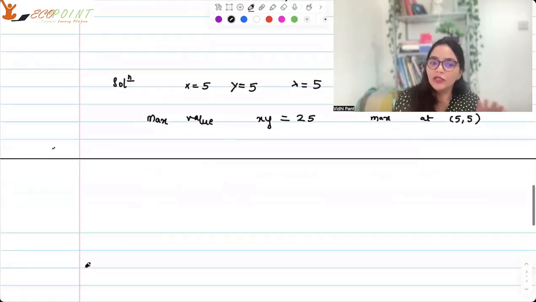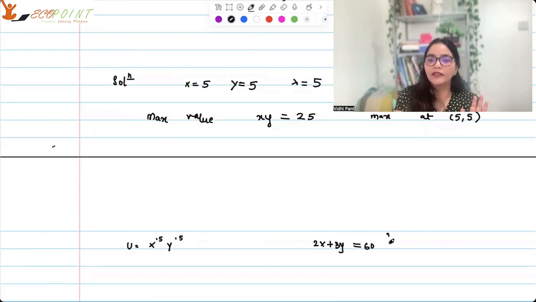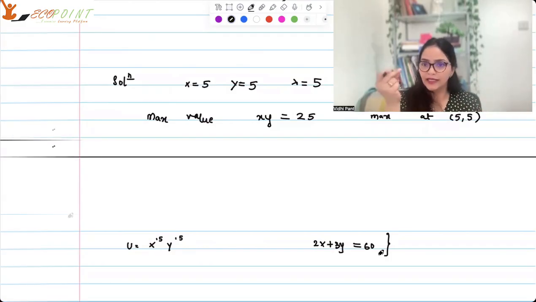Suppose you have a utility function, which is, let's say, x to the power 0.5, y to the power 0.5. And you have a suitable budget constraint. Your budget constraint is that 2x plus 3y is equal to 60. Under this situation, Lagrange is something that will be able to give you an optimal value of x and y satisfying your budget constraint in a jiffy.